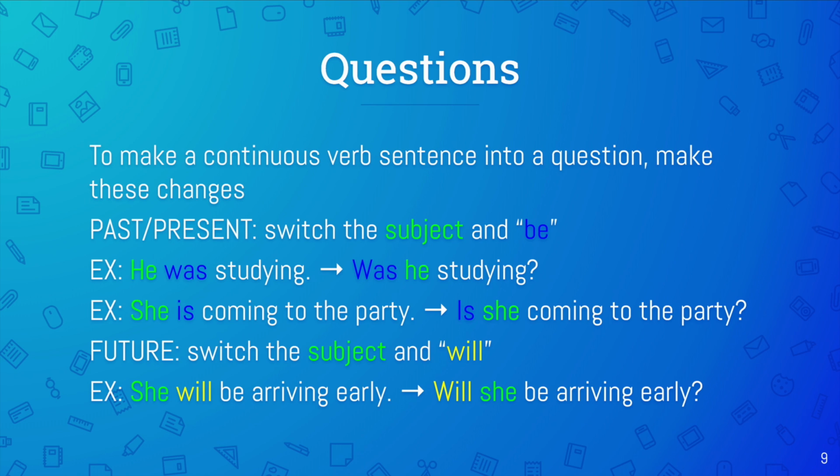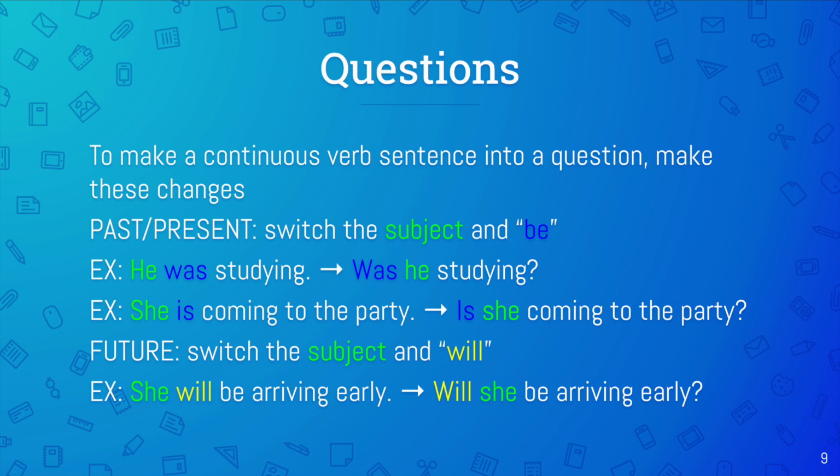Okay, so far we've been looking at statements, but what if you want to make a question using one of these verb tenses? It's pretty simple. You just have to change the order of the words. For past and present continuous, you want to switch the subject and your be verb. In a sentence, the subject comes first, then the be verb.